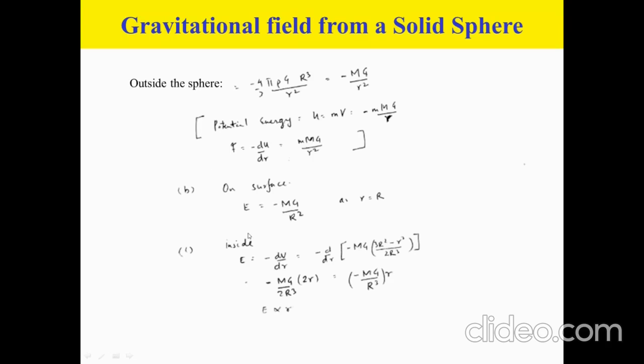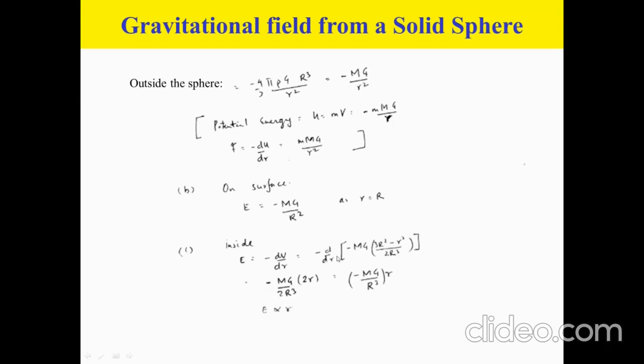Generalizing from this result, if I want the gravitational field at the surface of the solid sphere, then this little r becomes capital R, the radius of the sphere, and my value becomes minus GM/R². Now I can go inside my solid sphere, where I have the function of the potential present inside, which is this value right here.